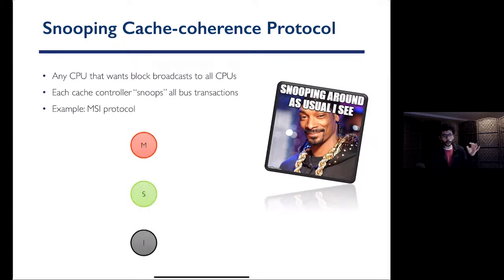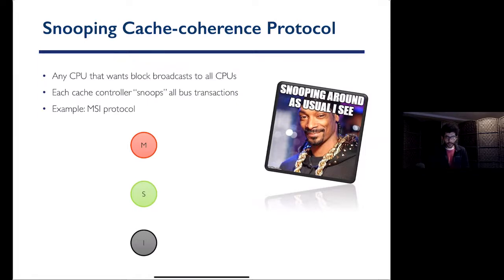It only supports modified state, shared state, and invalid state. So any cache controller has a cache block cached in its private cache, and it only has one of these 3 states. It's either invalid or shared or modified.